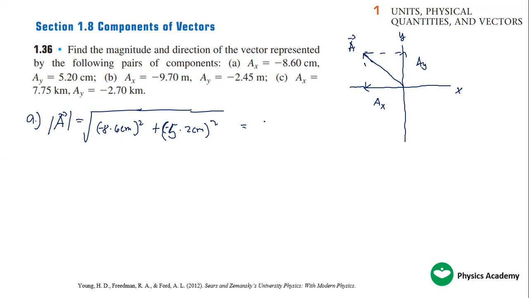So you find that your magnitude is 10.1 centimeters.